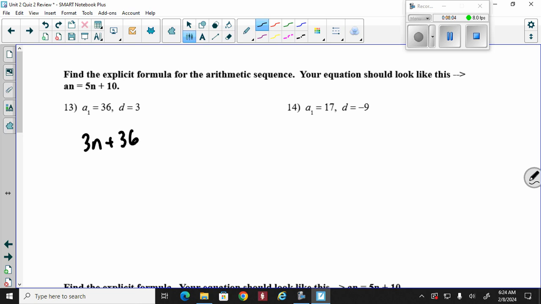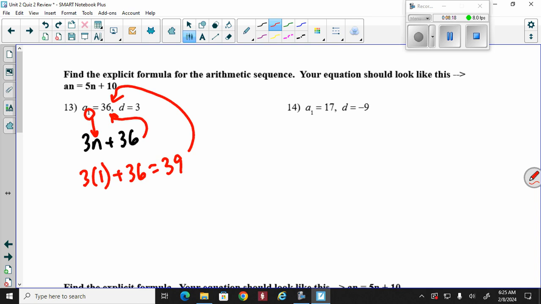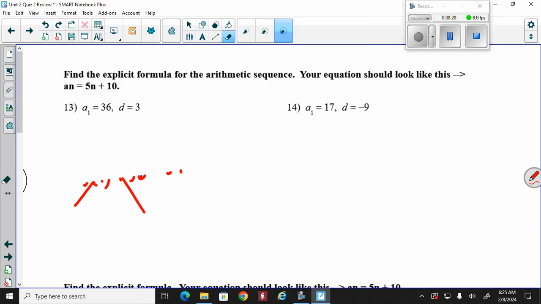Well, again, check your work. If you were to plug the little 1 into n, then the whole thing should equal 36. And guys, I'll tell you, you plug in 1 for n, you're going to get 39. That does not equal 36. So obviously, you know this is all wrong. So do not get lazy, and do not just plug the answers in because you think that's what you're doing with arithmetic.